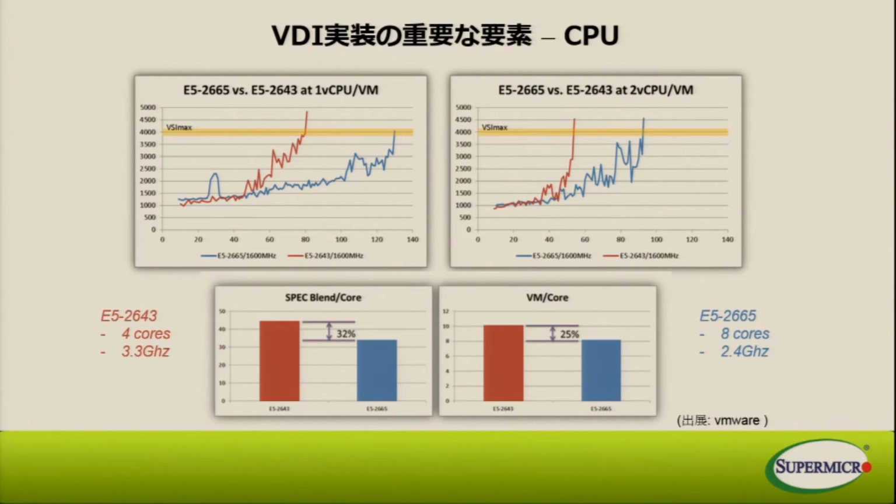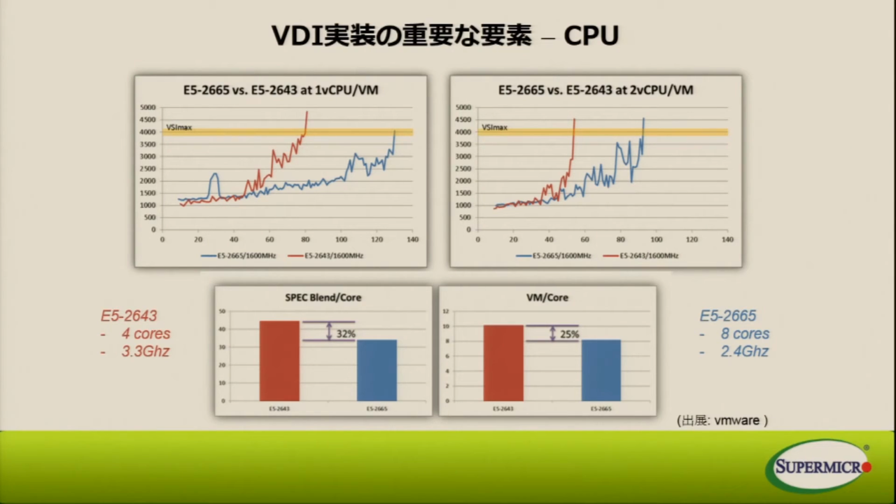So here's a table. A test was done here. In the upper half, you could see we took 2 CPUs for comparison. One is the 2643, 4 cores, higher frequency, 3.3 gigahertz. And another one is the 2665 with 8 cores. So this one has more cores but lower frequency.